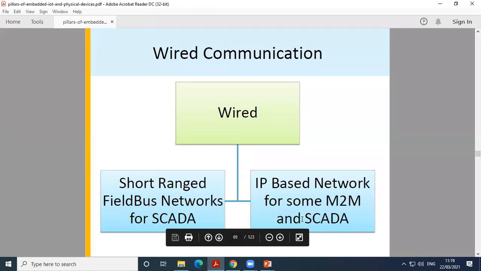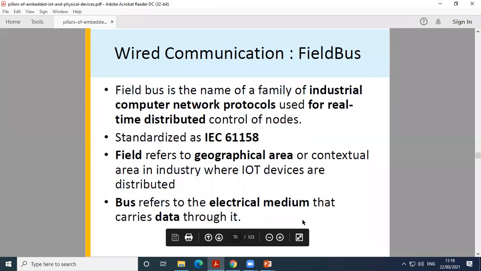Okay, so first we will see the field bus. Wired communication for the field bus. The field bus is a family of industrial computer network protocols that allows real-time distributed control of nodes.